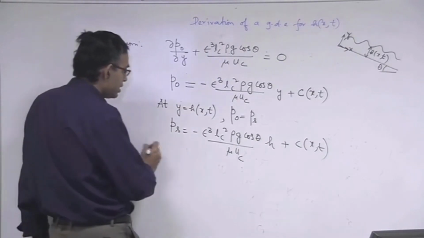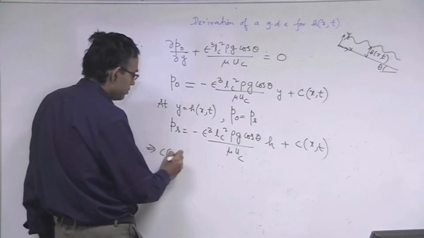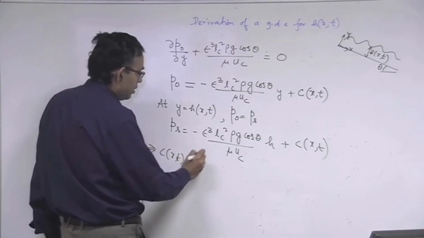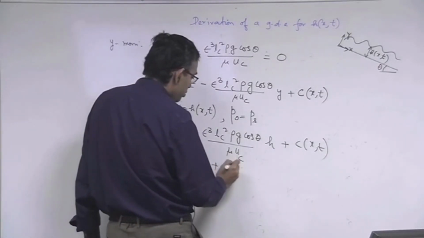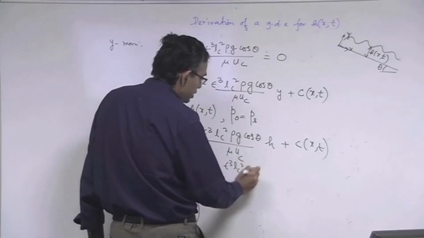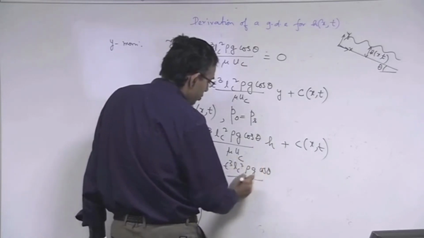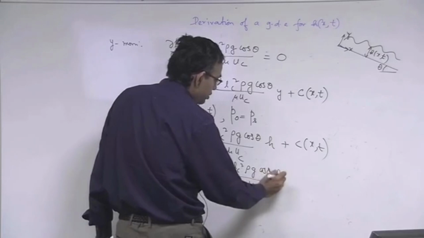So what is C of x, t? It is Ps plus epsilon cube LC square rho g cos theta by mu UC h.